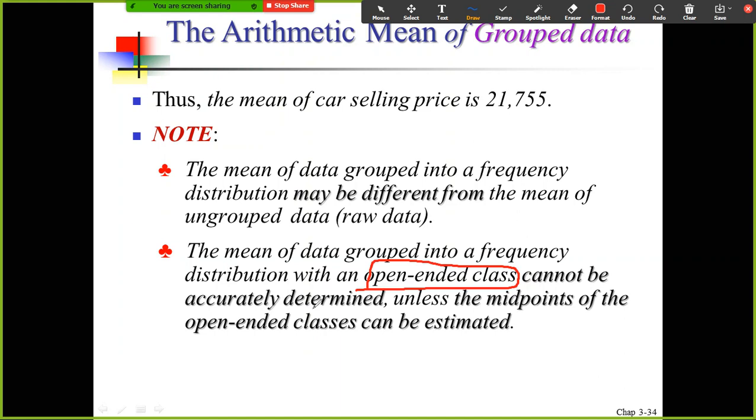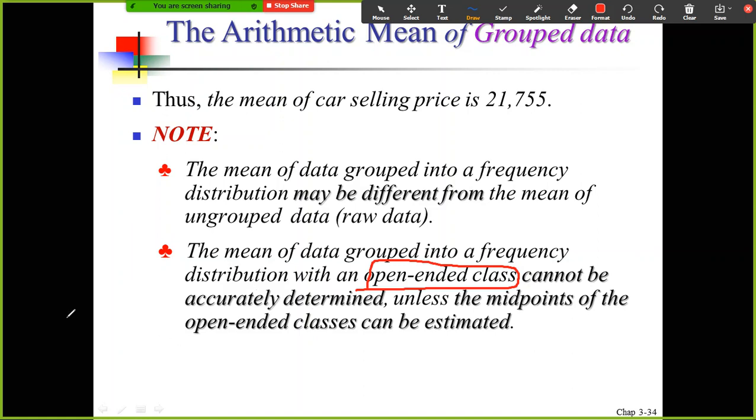That's why for ungrouped data, mean is not always at the center or the midpoint of the data set, because mean is affected by an unusual largest or unusual smallest value.